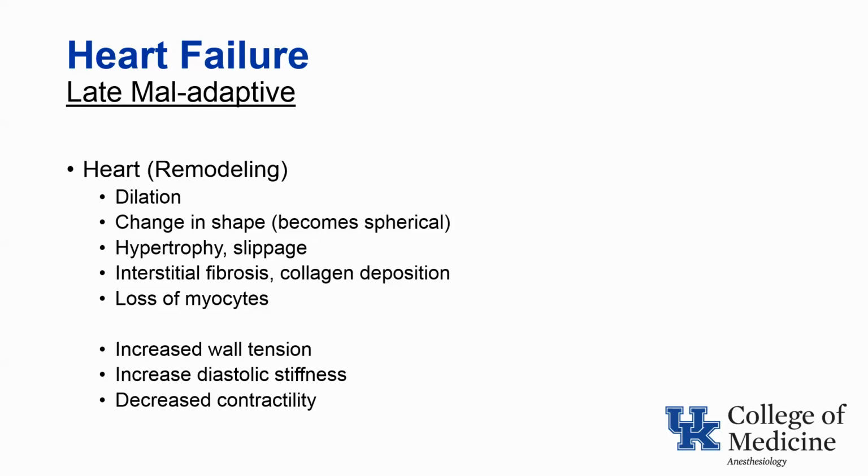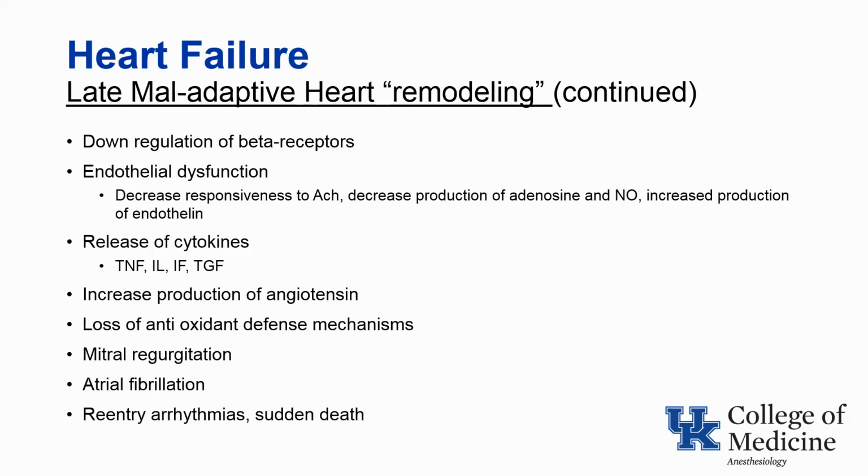Unfortunately, after time, these compensatory factors become maladaptive. This includes remodeling of the heart. It dilates, it changes its shape to become spherical, it develops hypertrophy, the myofibrils slip, you develop interstitial fibrosis and collagen deposition, and loss of myocytes. There's increased wall tension, increased diastolic stiffness, and decreased contractility.